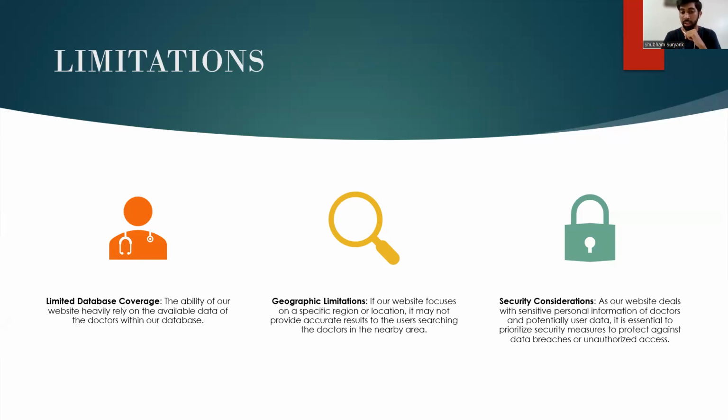The second limitation is geographical: the locations and areas which we enter in our website have to be precise enough. In the demonstration I showed Patna, but if anyone wants to search for a doctor in a nearby location, our website is ineffective in providing results.